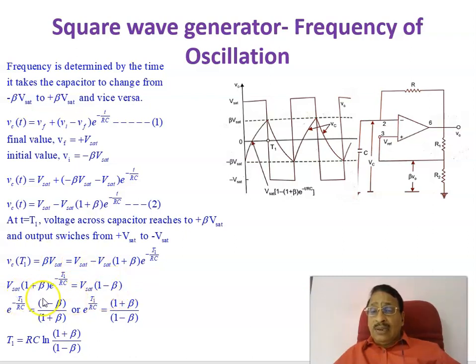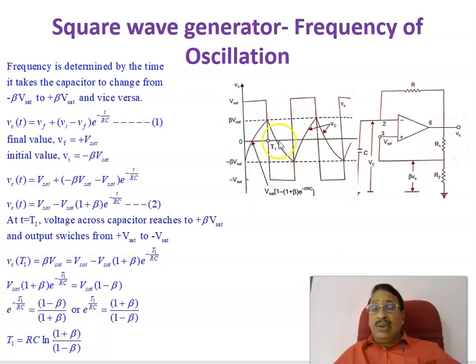Now from this equation you can reduce it: e raised to minus t1 by RC equals (1 minus beta) divided by (1 plus beta), or e raised to t1 by RC equals (1 plus beta) divided by (1 minus beta). From this equation you can get t1. If you take the natural logarithm, t1 equals RC into natural logarithm of (1 plus beta) divided by (1 minus beta).